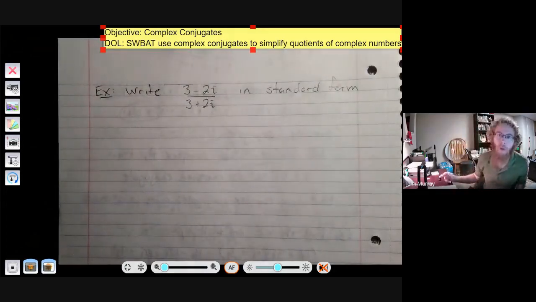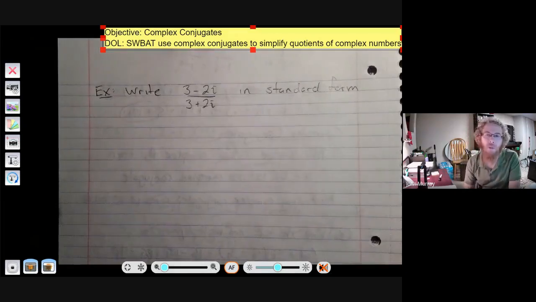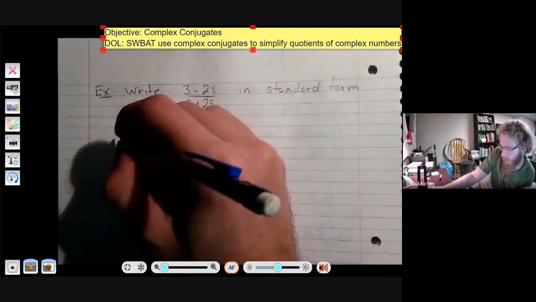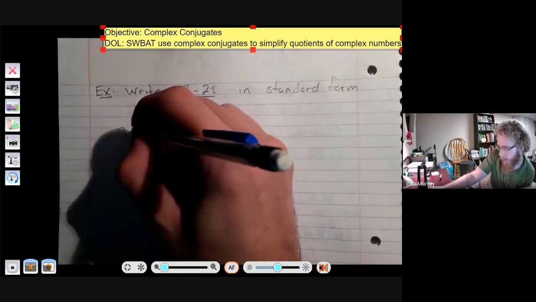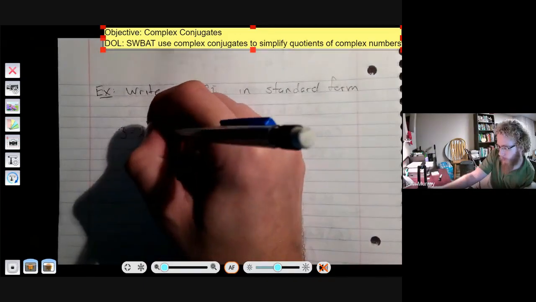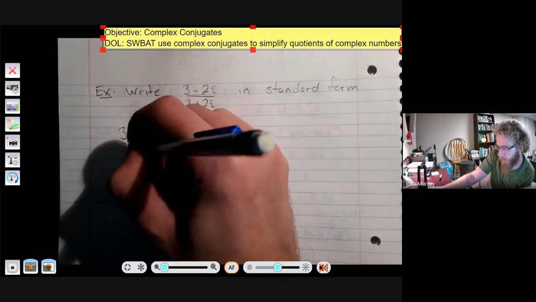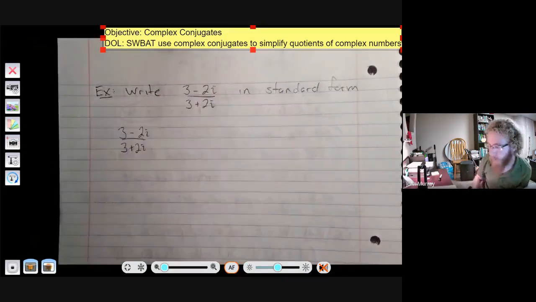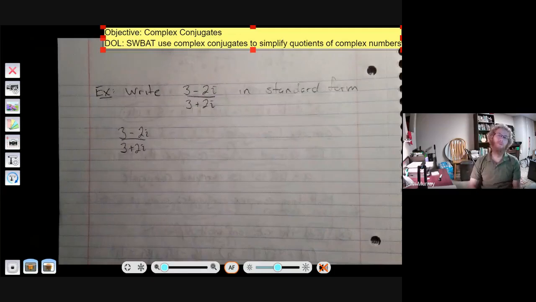All right, so we're going to do 3 minus 2i over 3 plus 2i. So first, I'm just going to rewrite it so we got some room. Okay, so your steps are, well, first, what's in the denominator? We have 3 plus 2i.